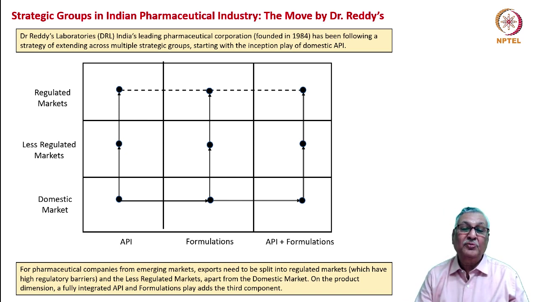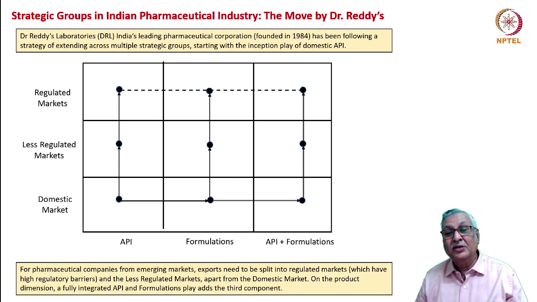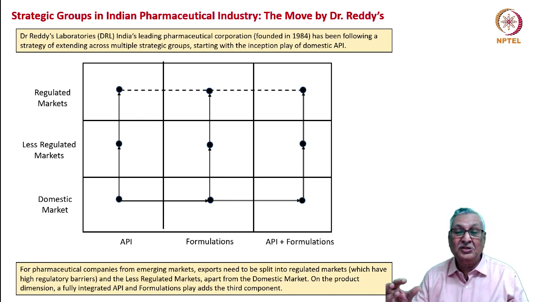So when you dimension Dr. Reddy's on these dimensions and the mobility across these dimensions, you will find that the company also has moved across several strategic dimensions and across several strategic groups. So the structural grouping is supported by movement across strategic groupings, which is underlying the structural grouping.